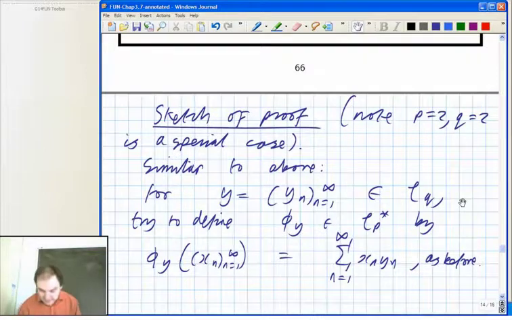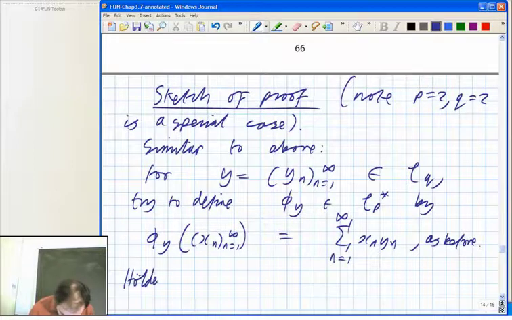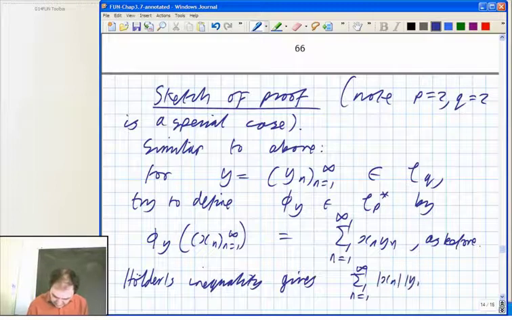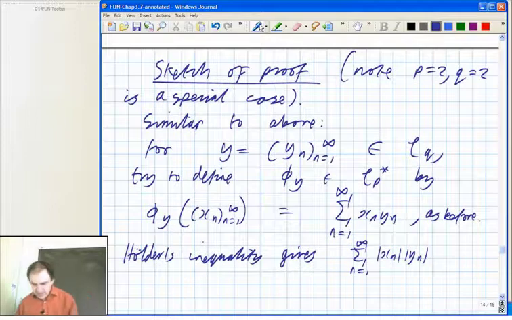And moreover, Hölder's inequality tells you the following. So, optional reading exercise to find out about Hölder's inequality. The sum from n equals 1 to infinity of mod xn mod yn is less than or equal to norm xp, norm yq.